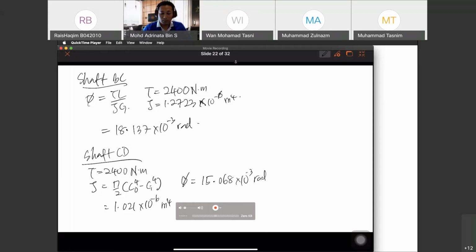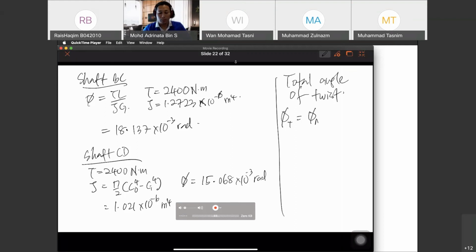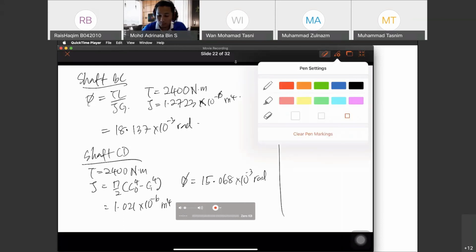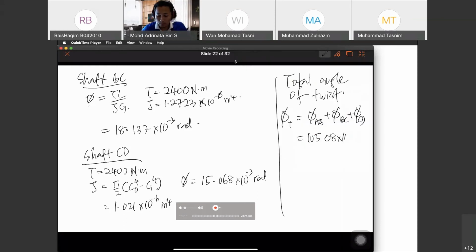Okay, so for a total angle of twist, phi total is equals to phi AB plus phi BC plus phi CD. So kita dapat 105.08 radian. Oh, sorry, 10 to the power negative 3 radian.